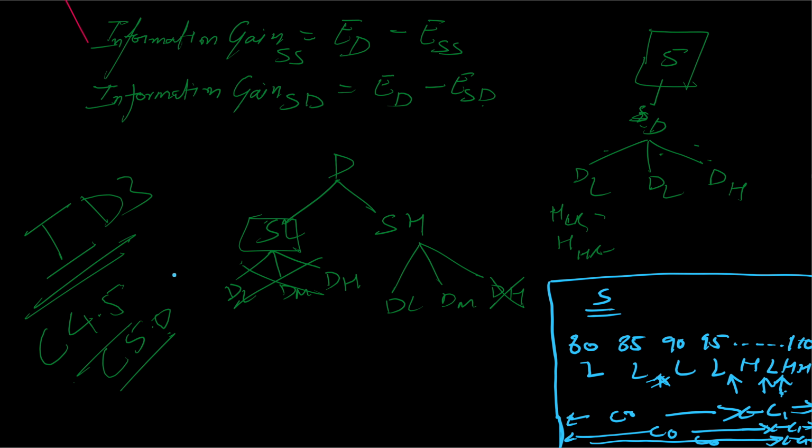So to avoid those sort of things, you can use something called a Gini index. That is what I suppose C5 does. Instead of information gain, you can use a proportion of the information gain. So one way is this: you take the information gain divided by your number of splits.